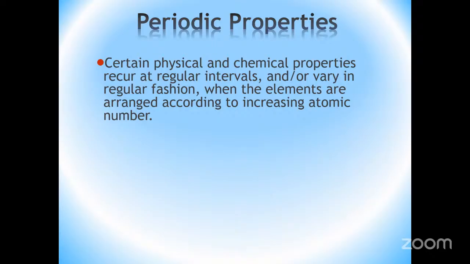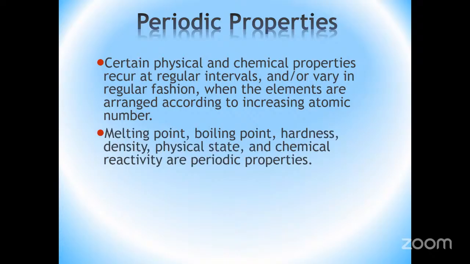And then some years passed, and then, of course, we come to our understanding of the modern version of the atom, and we can now correlate the position in the periodic table with the electronic arrangement around the atom, especially with respect to the sublevels and so on. So as stated here, melting points, boiling points, hardness, density, physical state, and chemical reactivity are all periodic properties.